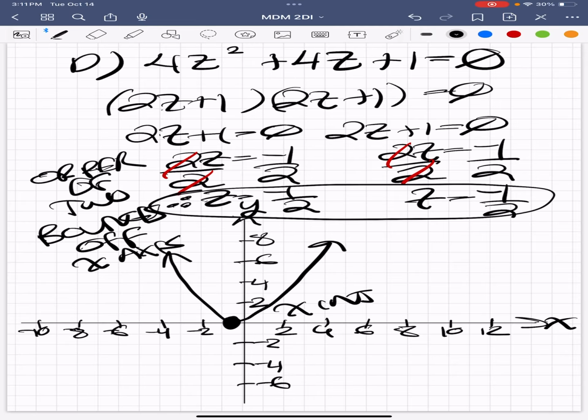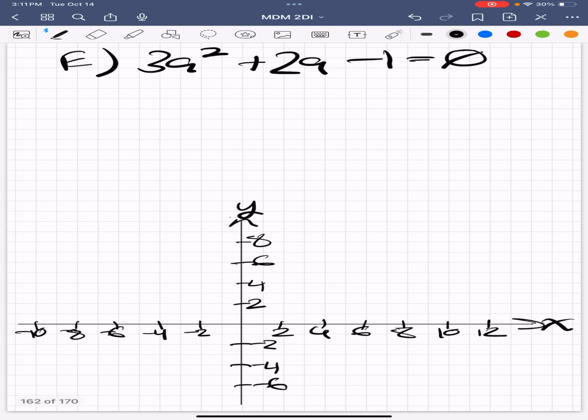The x-intercept would be (-1/2, 0), and that is our x-intercept. There you go. And now we have E.